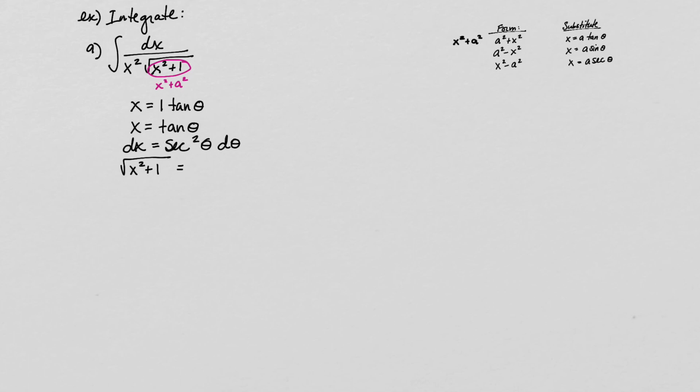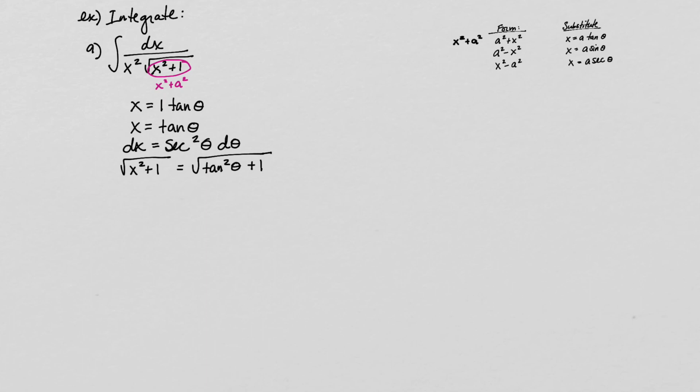So the square root of x squared plus 1 is going to be the square root of tangent squared theta plus 1. All I'm doing is taking my x, which is tangent theta, and plugging it in for this x. So instead of x squared plus 1, x is the same as tangent theta, I get tangent squared theta plus 1.